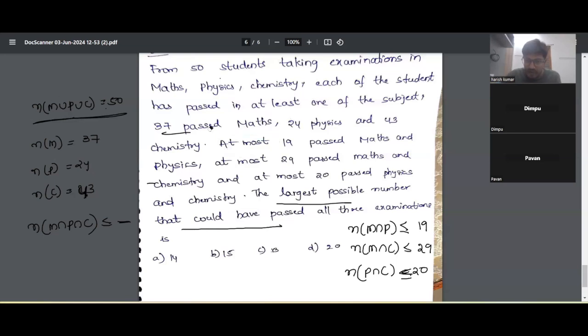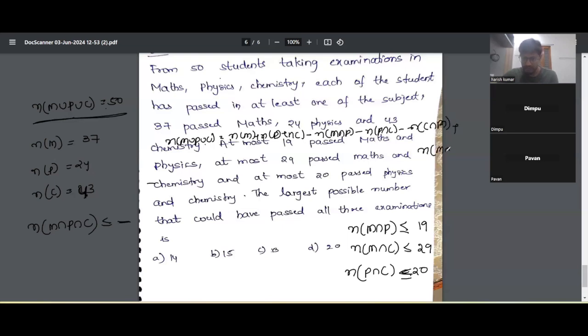Now again, we know the standard formula. What is the standard formula? n of M union P union C is n of M plus n of P plus n of C minus n of M intersection P minus n of P intersection C minus n of C intersection M plus n of M intersection P intersection C. This we already know. So 50 equals n of M is 37 plus 24 plus 43 minus, let's keep them as they are for now, because at the last step we'll write it in terms of inequalities.